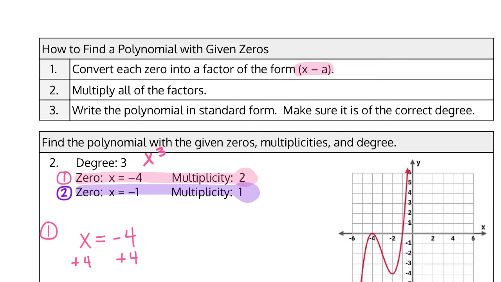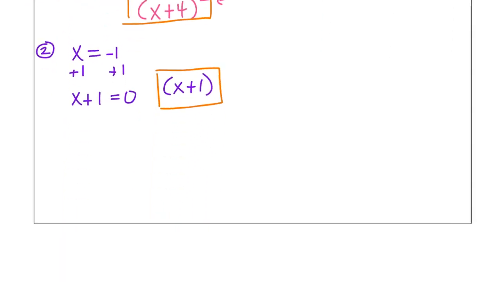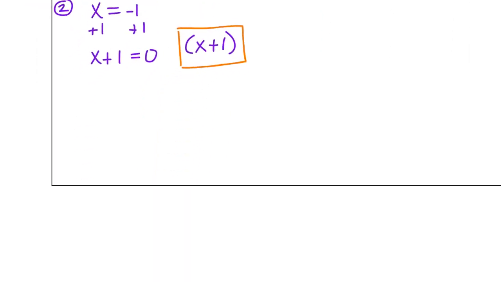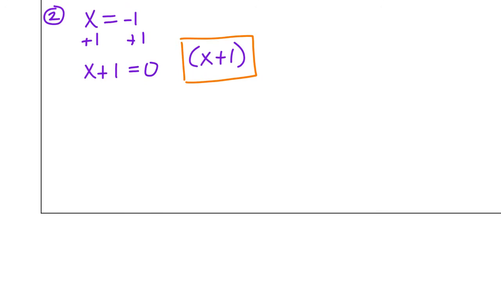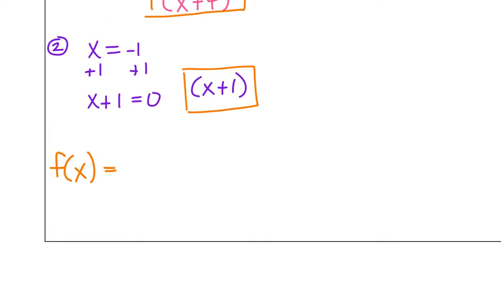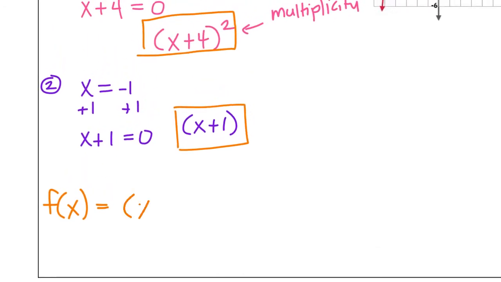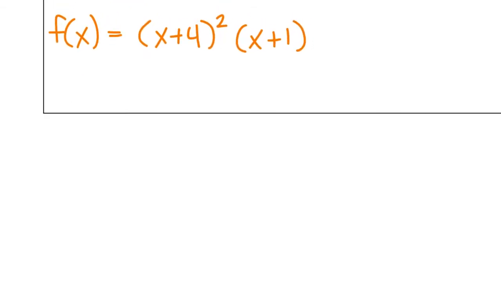Now going back here, we've done step 1. Step 2 says to multiply all of the factors. I'm probably going to run out of space, so I'm going to work down here. Since this is a function, I'm going to call it f of x. The first factor was x plus 4 to the second power, and the second factor was x plus 1. Now I want to multiply this all out.